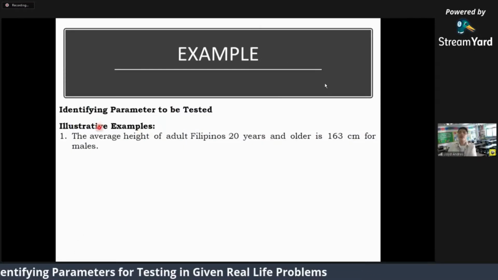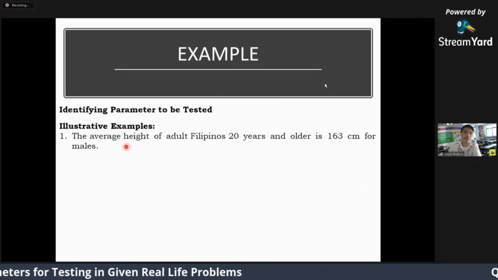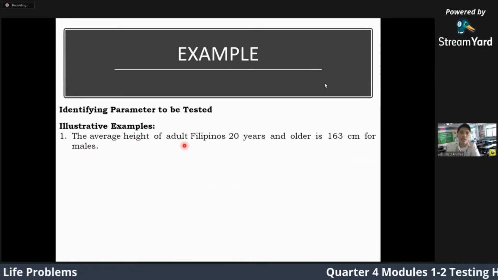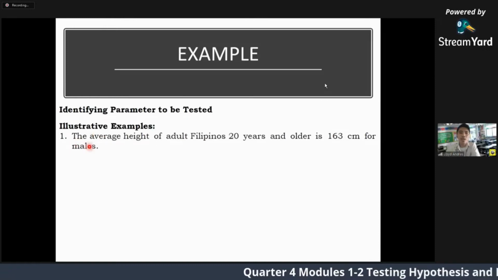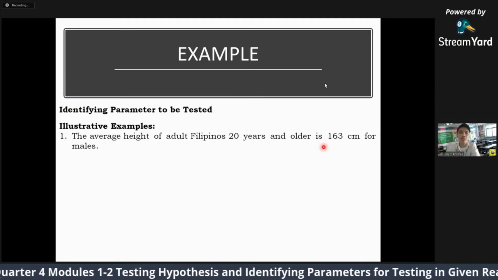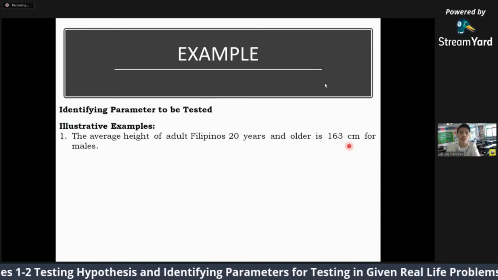So, identifying the parameter to be tested. Let us illustrate with some examples. The average height of adult Filipinos 20 years and older is 163 cm for males.